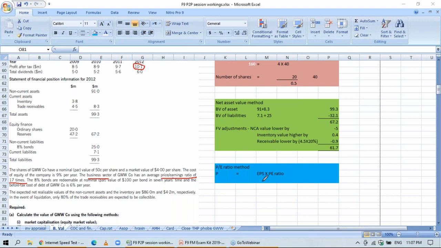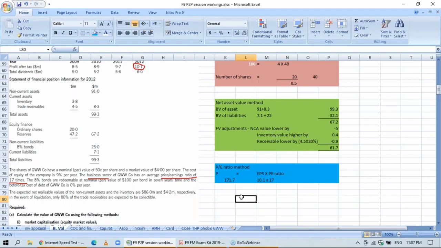So always use the average price earning ratio of a similar company in order to calculate the market price. So the EPS was 10.1 multiplied by 17. This gives you the market price of one share, 171.7.